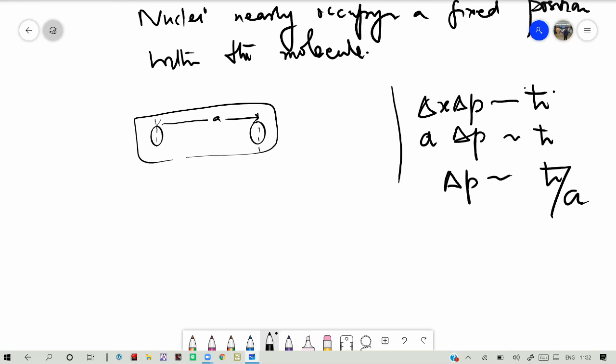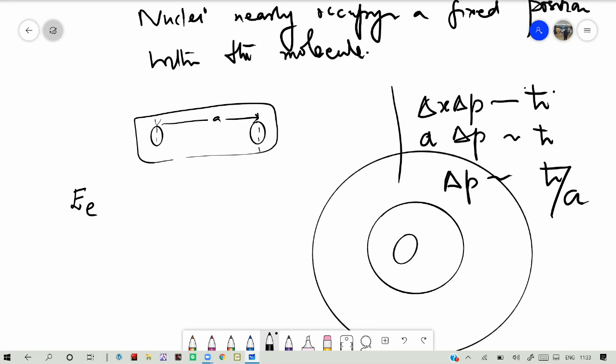So at any given temperature or at any given instant of time, the energy of the molecule is its kinetic energy. If this is a nucleus, these are inner orbits, you have inner electrons, and you have outer electrons. Which among these electrons will be in a state of higher energy?